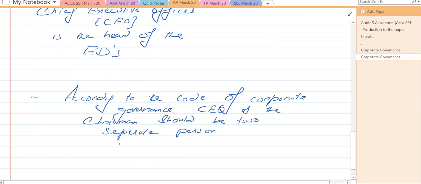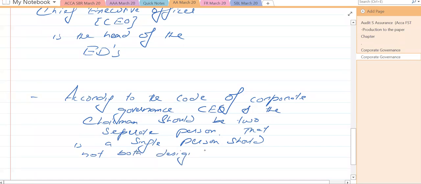That means a single person should not have both designations, to ensure accountability.